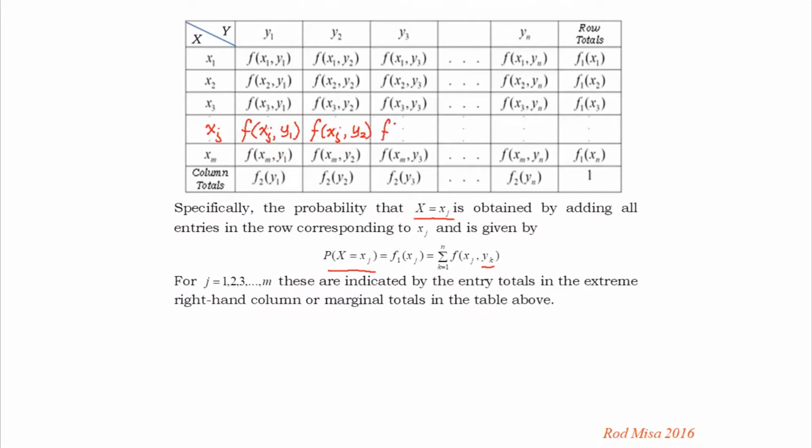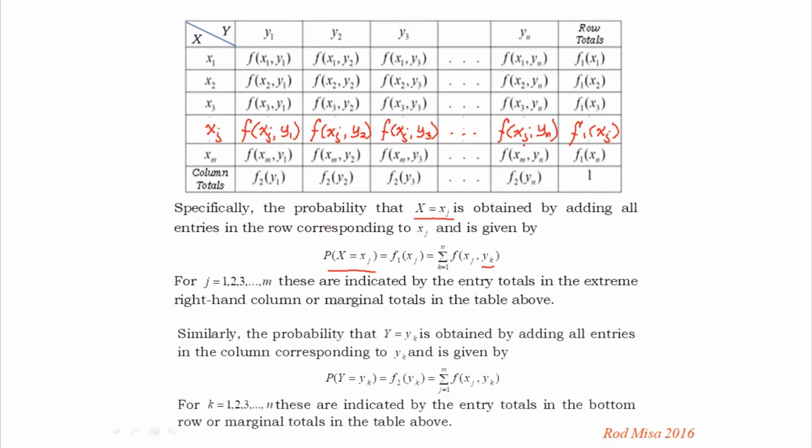Also, this is the probability of x sub j where y is y sub 3, and so on and so forth until you reach this probability of x sub j where your y is y sub n. So adding all of these probabilities, this is equal to the probability f sub 1 of x sub j, because we are adding across all y's from y sub 1 to y sub n.